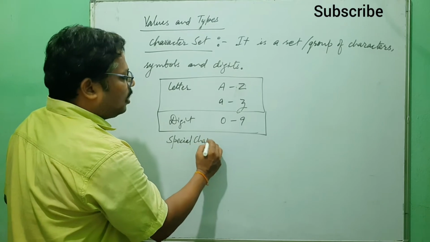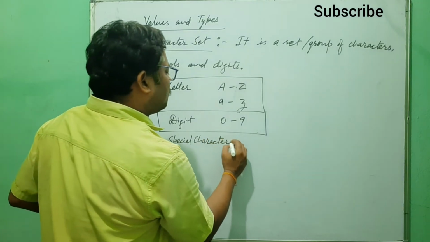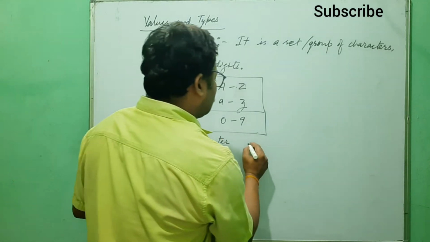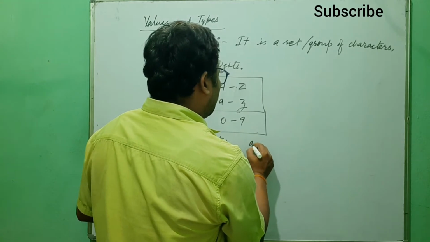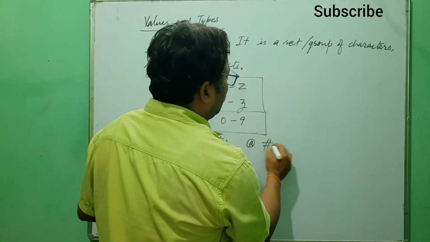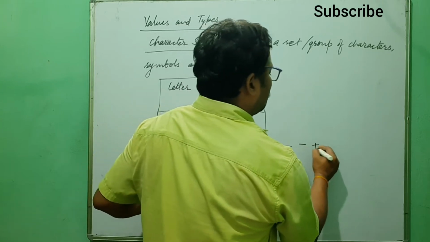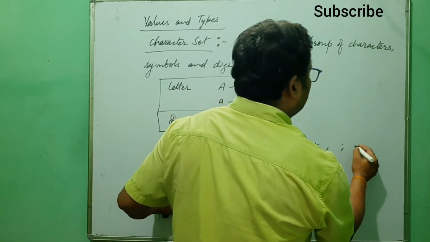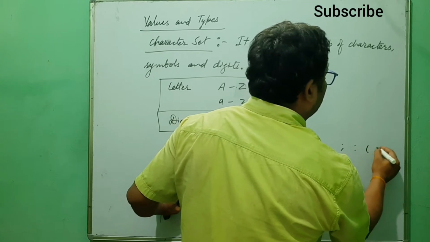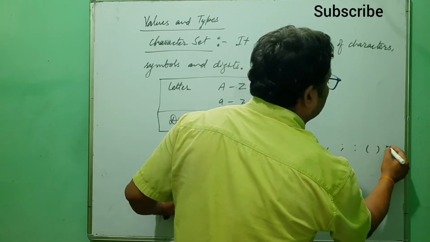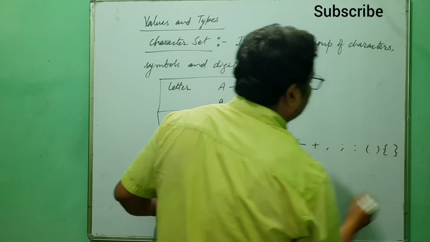Special characters we are using. Which type of special characters are we using here? At the rate, hash, underscore, minus, plus, comma, semicolon, colon, curly brackets, braces, all these brackets.